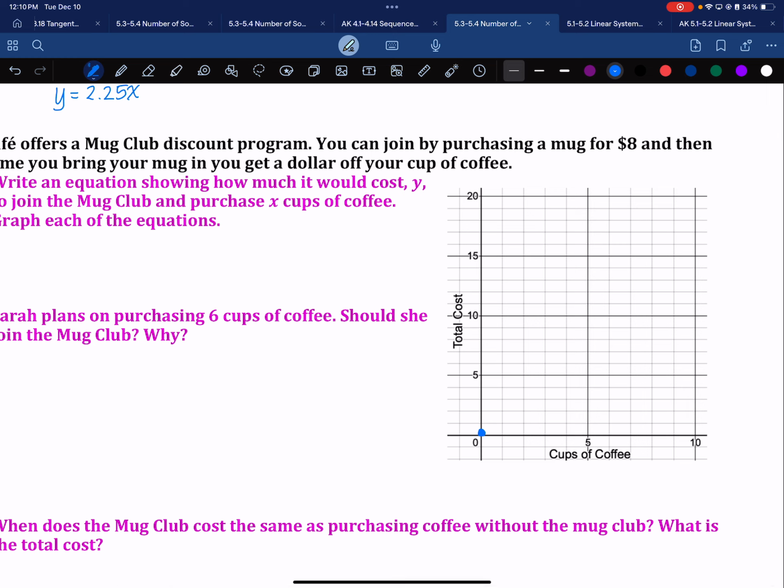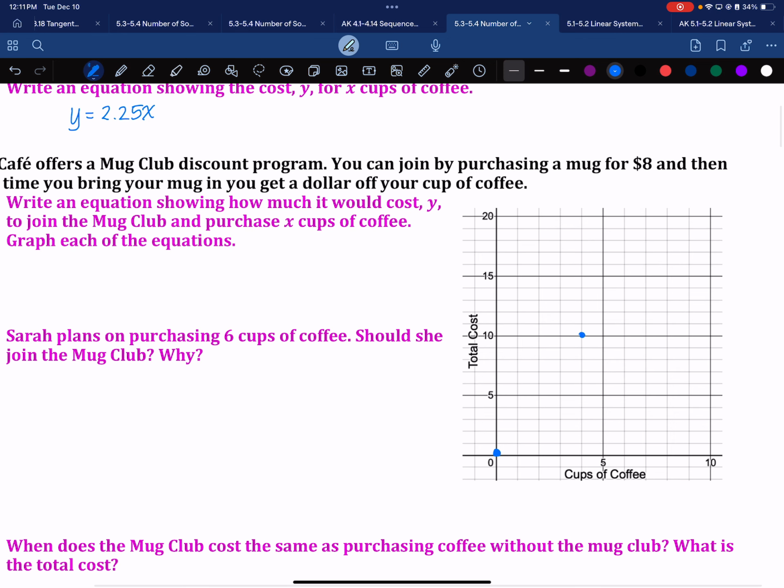Okay, 4, right? Because 0.25 times 4 is 1. 4 quarters is $1, right? $1 plus 2 times 4 is 8. So this would be 4, 9. And then we could draw our line through that.